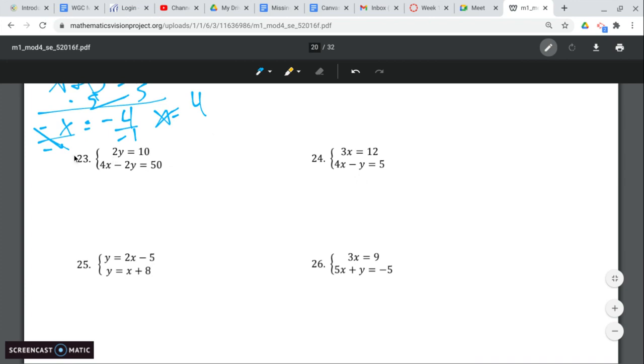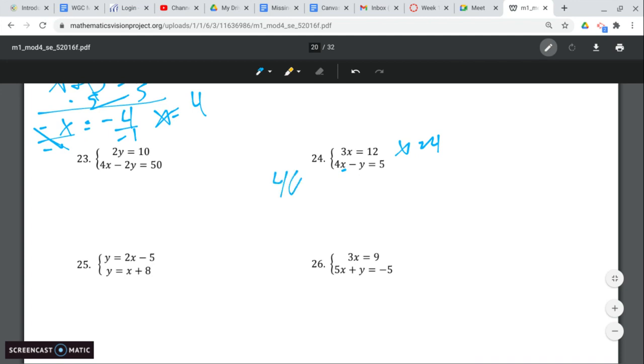23 and 24 are a little different. So is 26. So 23, 24, and 26, they are all the same. First thing you have to do is get one of your equations solved for a variable. So we're looking at 24. We have 3x equals 12. Divide both sides by 3. We end up with x equals 4. Now we take that 4 and plug it in for x.